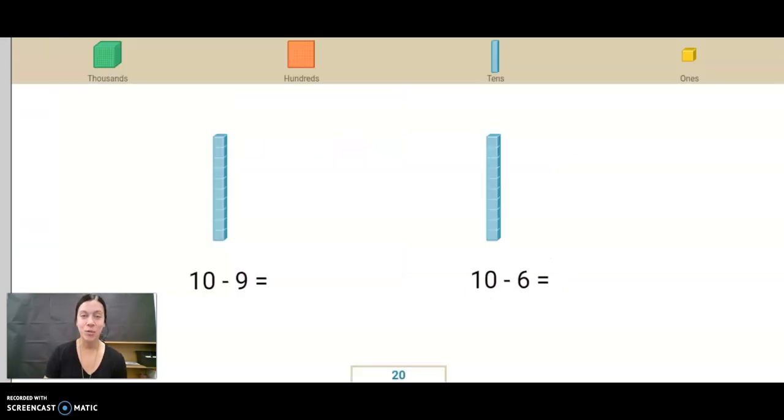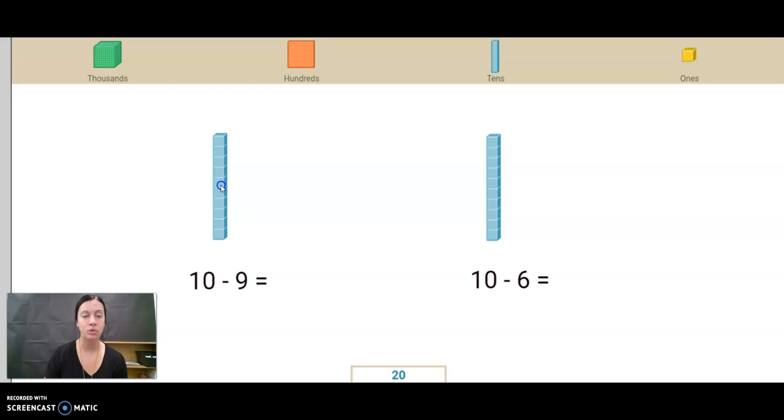Okay, continuing with the start with 10 strategy for subtraction, this time we are going to use our base 10 pieces. So I have a rod or a long right here, and I know that in my rod or my long, I have 10 of these small cubes. So this is a great tool to use for the start with 10 subtraction strategy. My problem is 10 minus 9, or 10 take away 9.